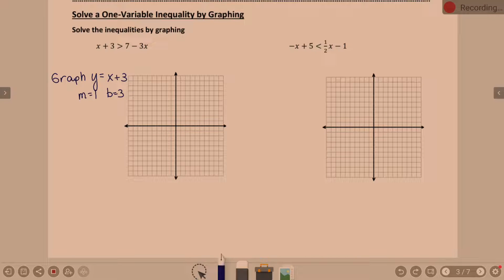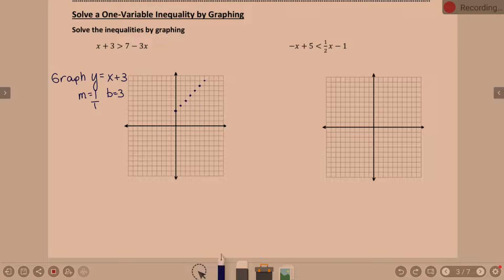So y-intercept 3. What does a slope of 1 look like? 1 over 1. Rise 1, run 1. Rise 1, run 1.